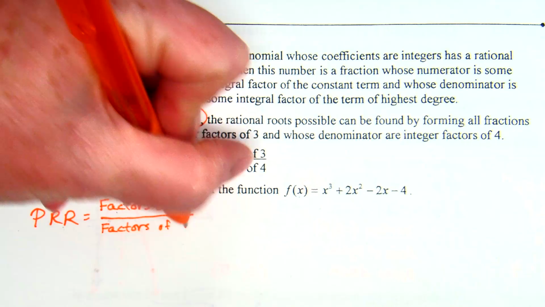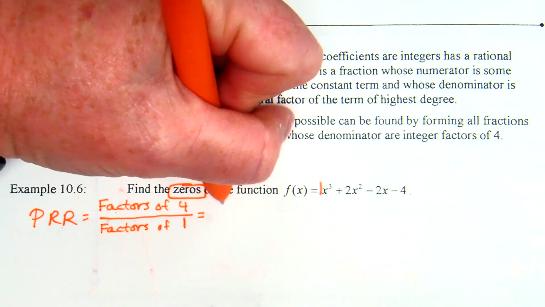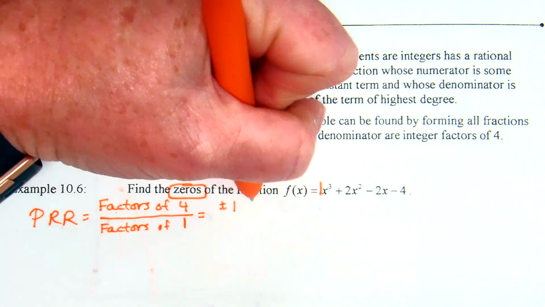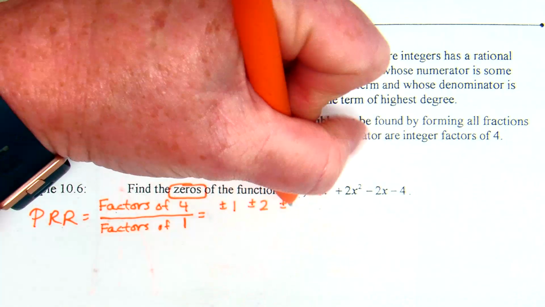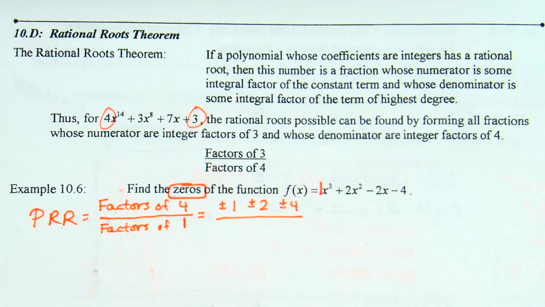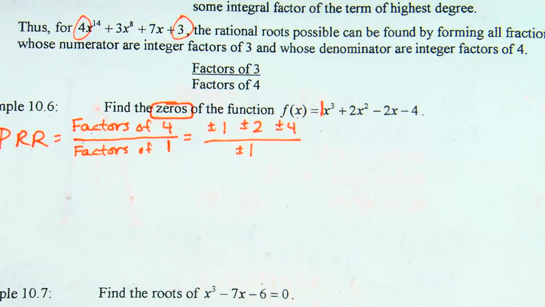So what are factors of 4? Okay, so I'm going to say plus or minus 1, plus or minus 2, and plus or minus 4, because 1 times 4 and 2 times 2. Factors of 1? It's just 1. Okay? So we like it when this happens because, remember, I usually go through and write them out so we know what they are.